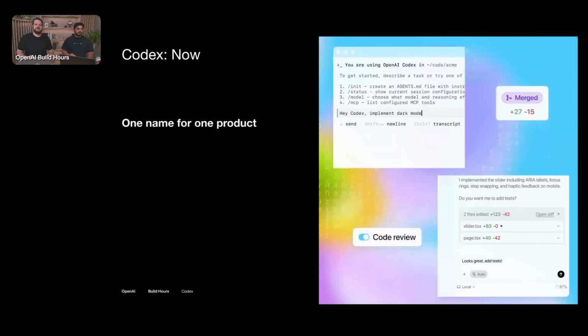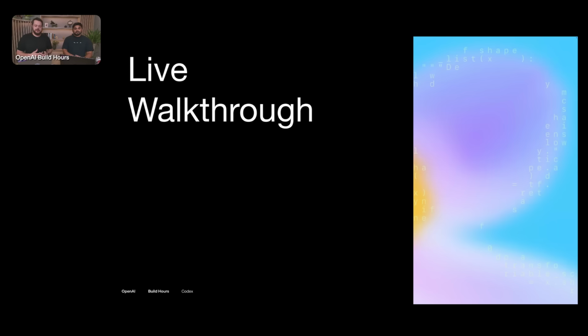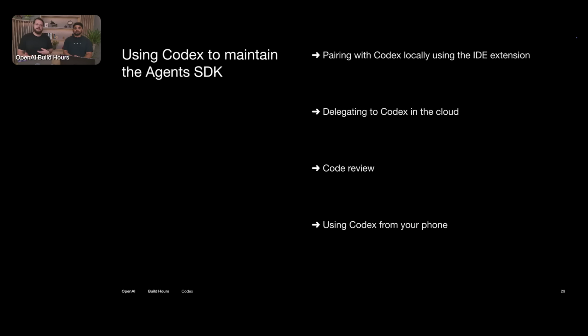Cool. Awesome. So yeah, I'm going to show you a couple of ways of how all of this really comes together. And as Pranav said, there's a bunch of different aspects and interfaces on Codex, but they should all really come nicely together. And hopefully you can see that throughout the next 25 minutes by me giving you a couple of examples of how I use Codex to maintain the Agents SDK in TypeScript.